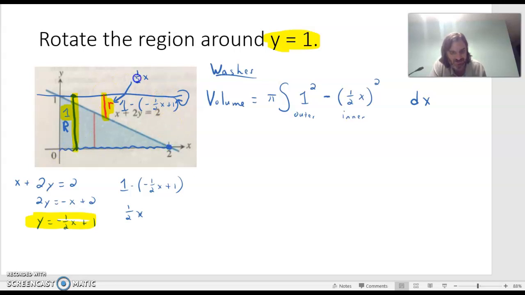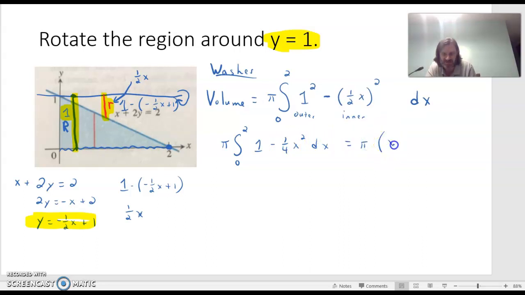When x is 0, then 1/2 x is 0, which is how much this inner radius is over here. So after we have that, and we decided it was running in x, we can run it from 0 to 2, it becomes a very easy problem once we set up. So pi integration from 0 to 2 of 1 minus 1/4 x squared dx.